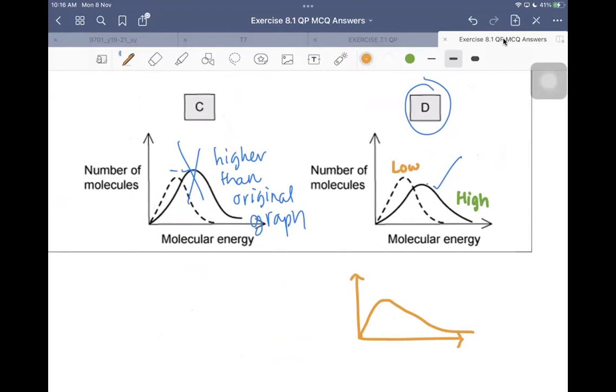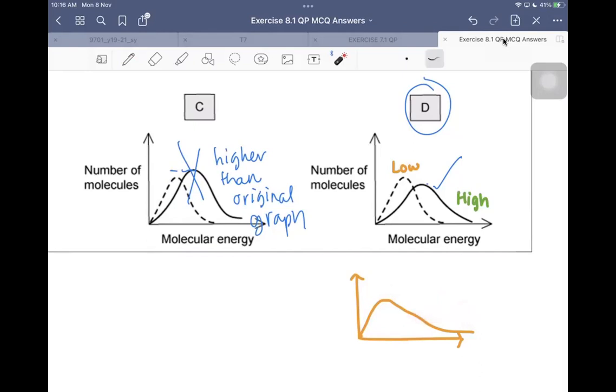So if you imagine when increasing the temperature, my number of molecules having energy higher than the activation energy would be high. So I would imagine my graph to shift to the right, because the right is the direction of increasing molecular energy. So now my molecules have higher, generally higher energy, shifted to the right.